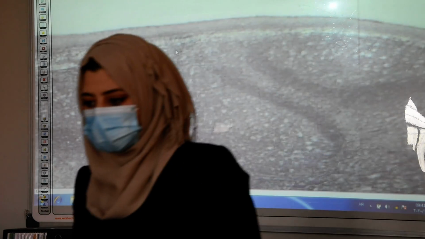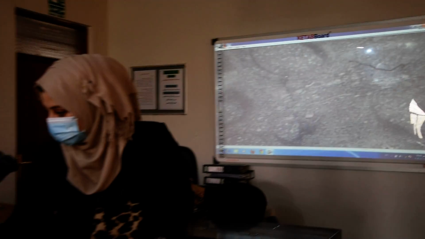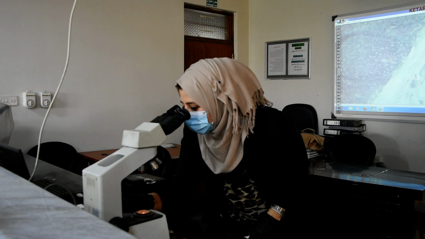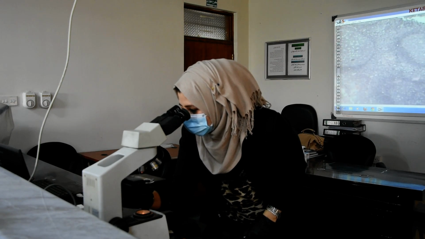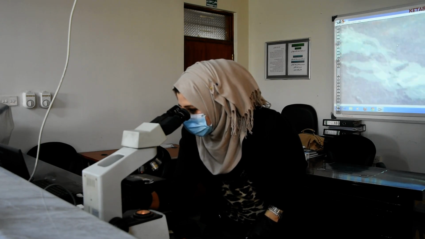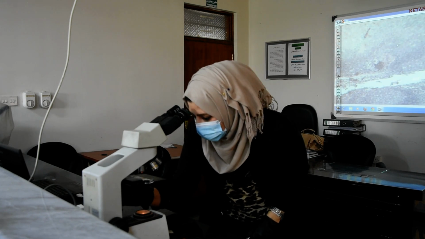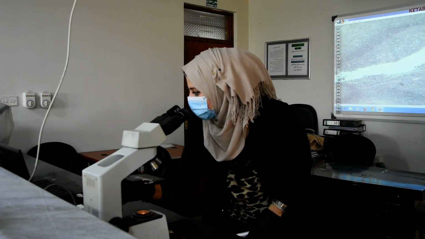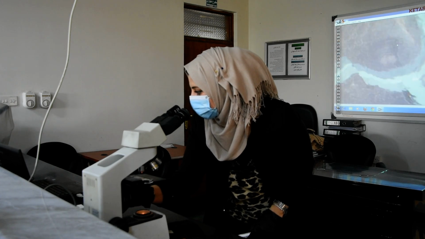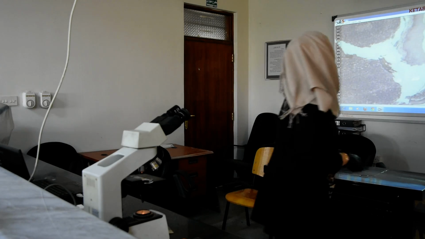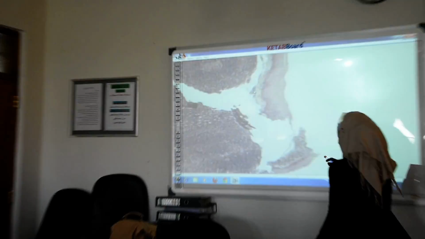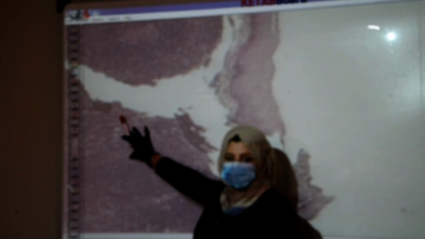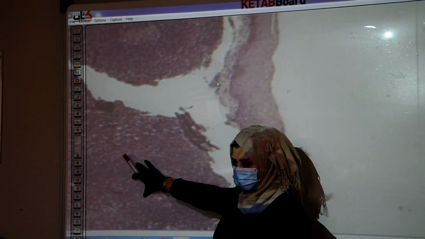I can show you the invagination toward the parenchyma of this type of tonsil.